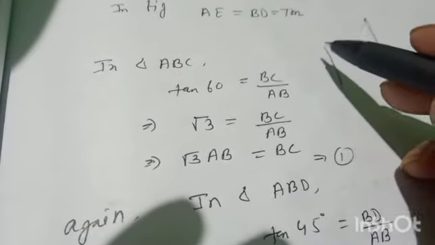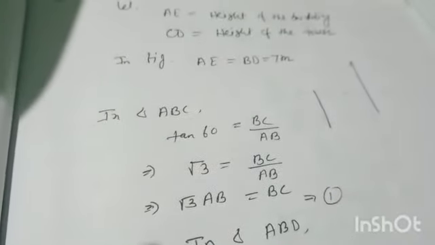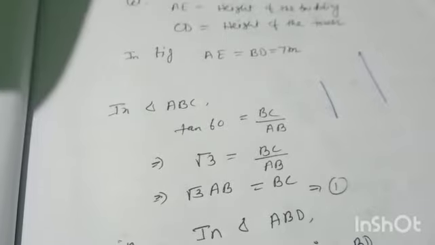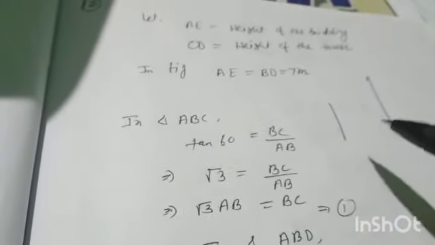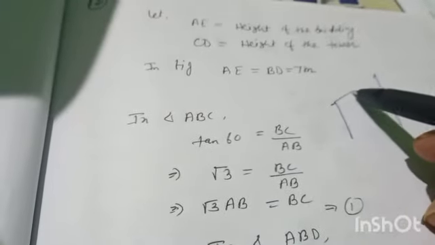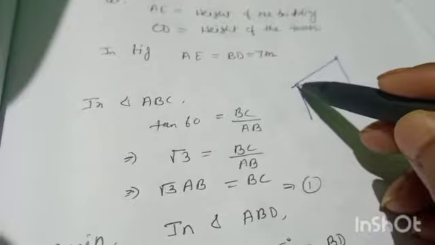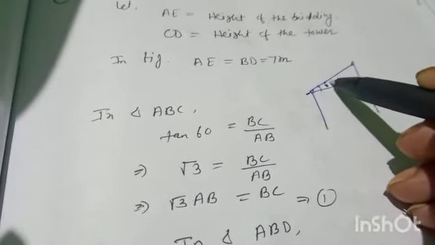The angle of elevation from the top of the building to the top of the cable tower is how much? 60 degree. That means if you draw a horizontal level here, this angle is 60 degree.